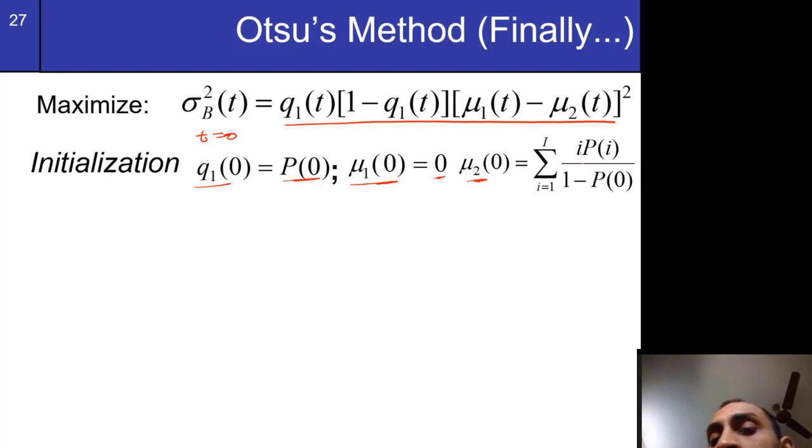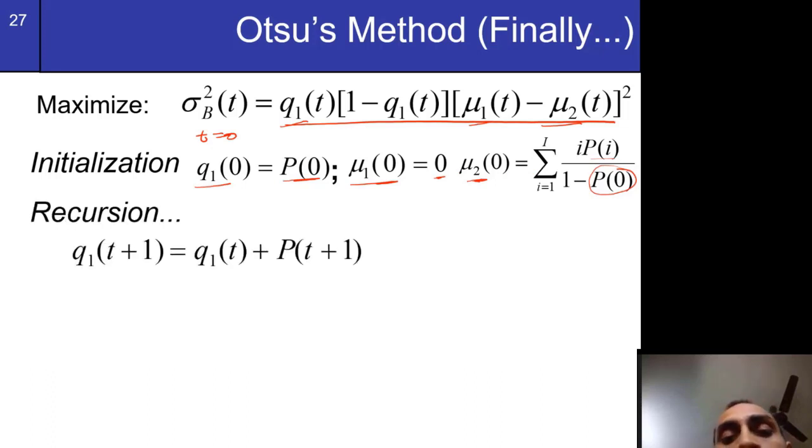The mean of the second class you calculate like this, which is the same mean formula, except the pixels in intensity bin 0, and all the remaining pixels are in the numerator. So you need three values, q1(t), mu1(t), and mu2(t). For 0 it is simple.